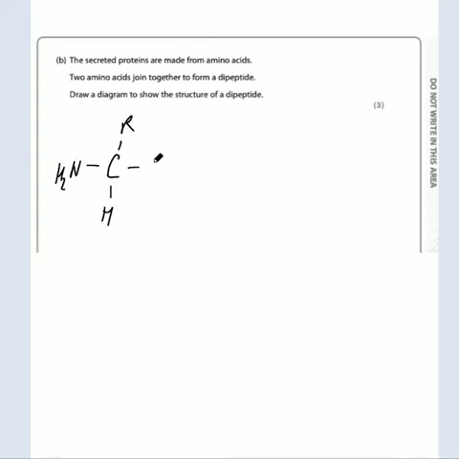And so this will be connected to a carboxylic acid group. However, when it's a dipeptide, and that means one amino acid has joined with another, you have a condensation reaction happening, and so you get removal of water, and that means the carboxylic acid group becomes just a carbonyl group. And so this is what we have.